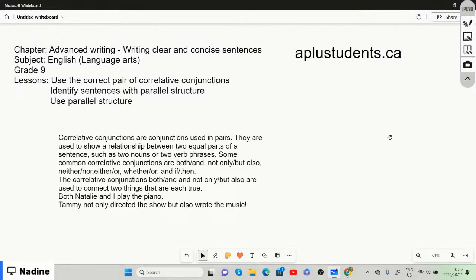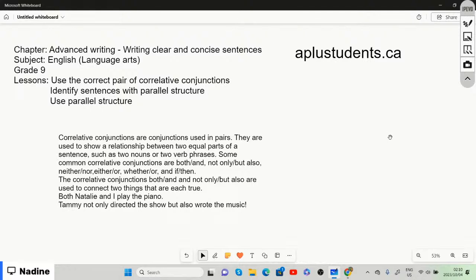So correlative conjunctions are conjunctions used in pairs, and they are used to show a relationship between two equal parts of a sentence, such as two nouns or two verb phrases.